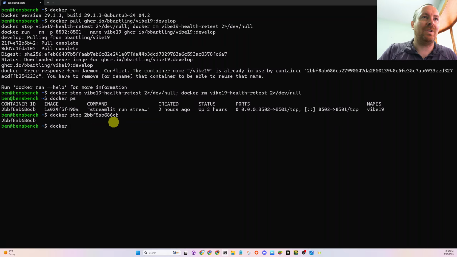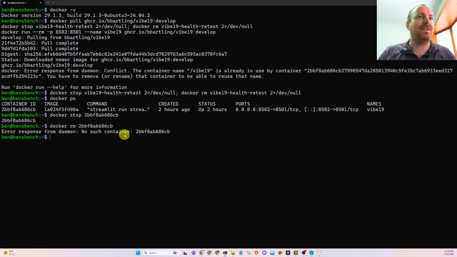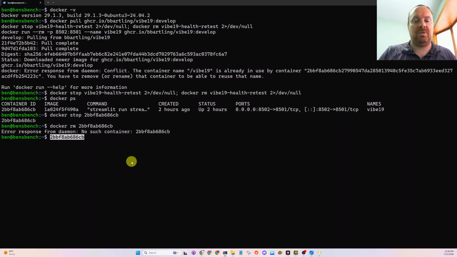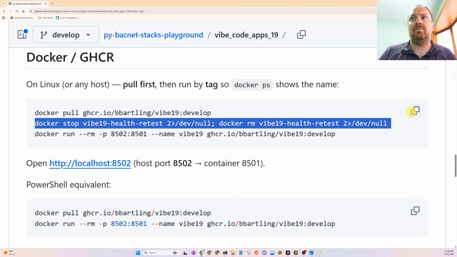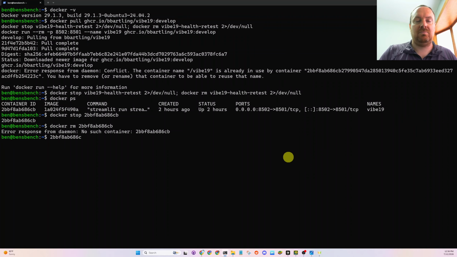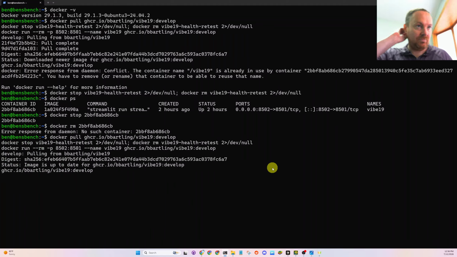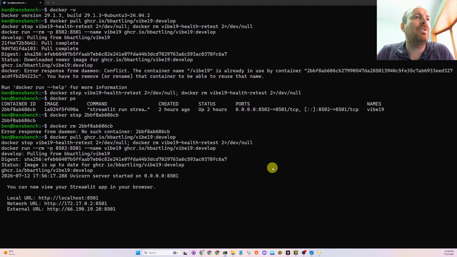This is what you do if you have an old instance running and you want to update it. Let's just repaste all this in. Okay, so it already pulled the image. Okay, so there it is.